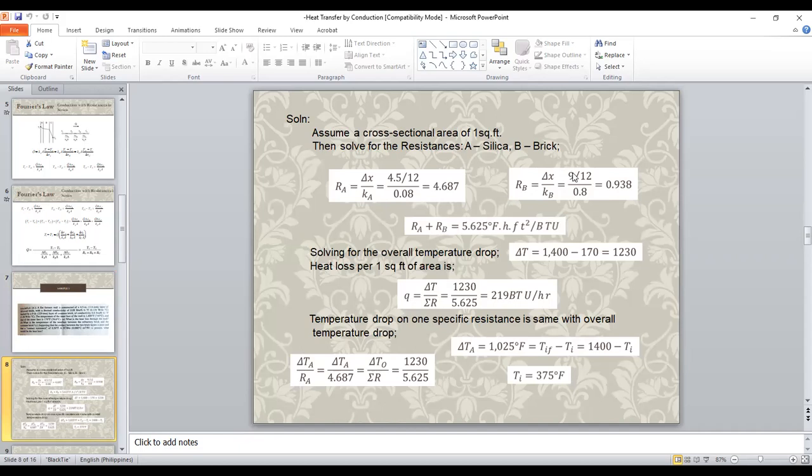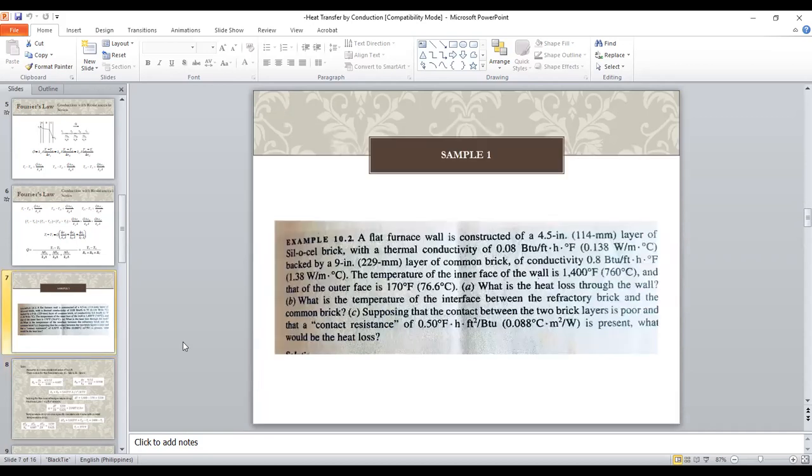So it's suggested that you convert it to feet, because your assumed area here is in square feet, so your length should be in feet as well. If we go back to the problem, class, your specialized brick is 4.5 inches in thickness, and the common brick is 9 inches.